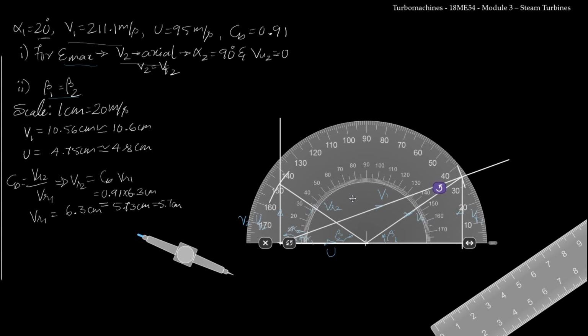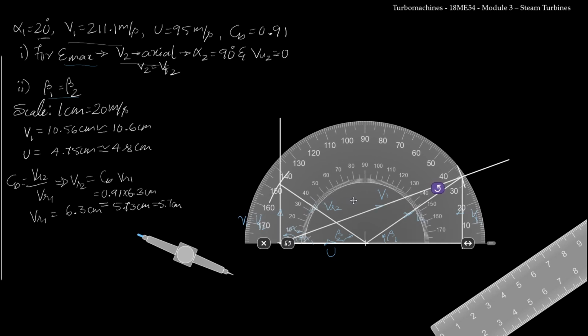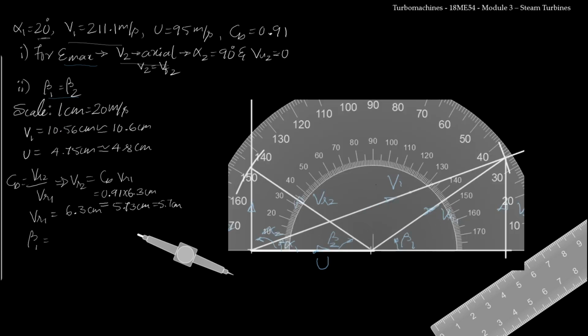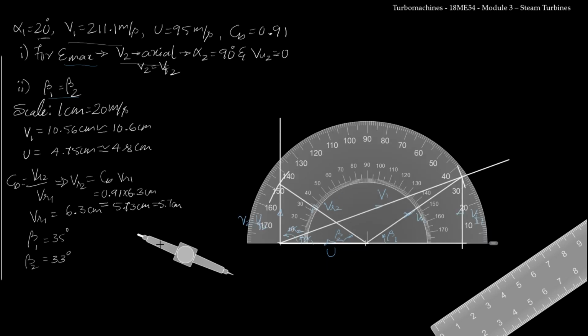I will keep the protractor here. Now we can see that the value of beta 1 is around 35 degree and the value of beta 2 is around 33 degree in this case. So now I can construct the velocity triangle for the second case.